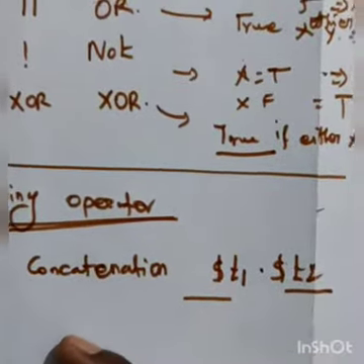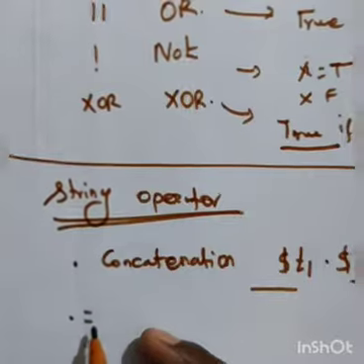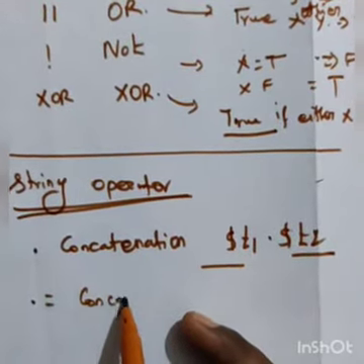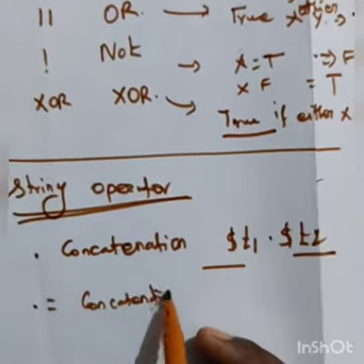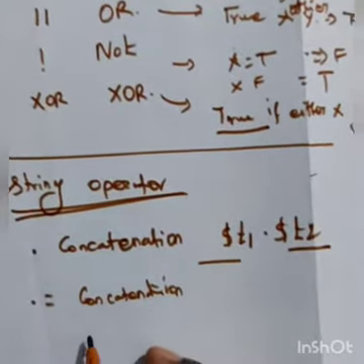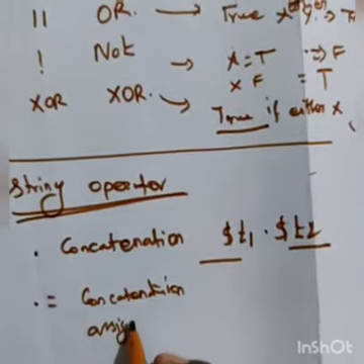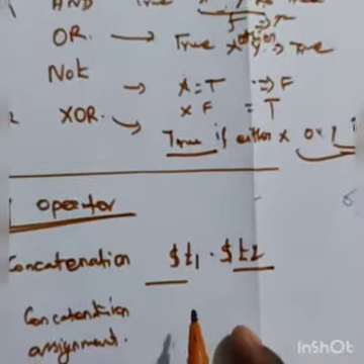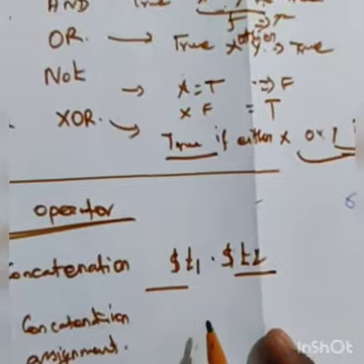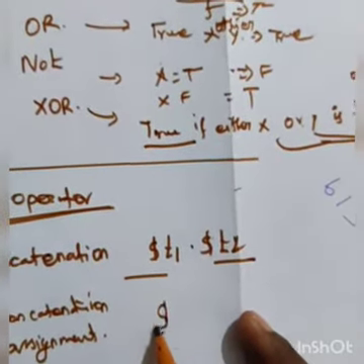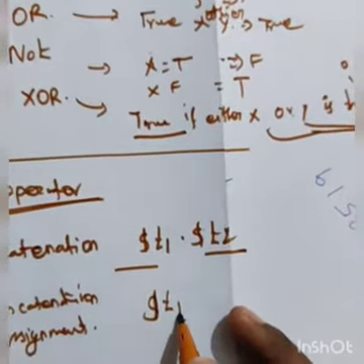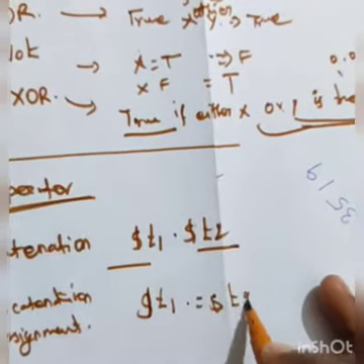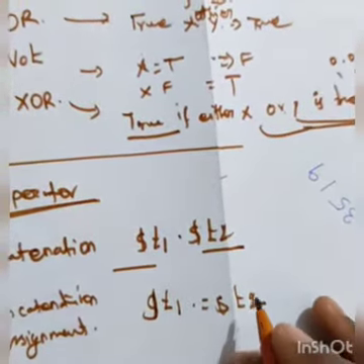Okay. Next operator, dot equal to. Dot equal to means concatenation and assignment. Concatenation and assignment means there is dollar T1 dot equal to dollar T2. So what does it mean?